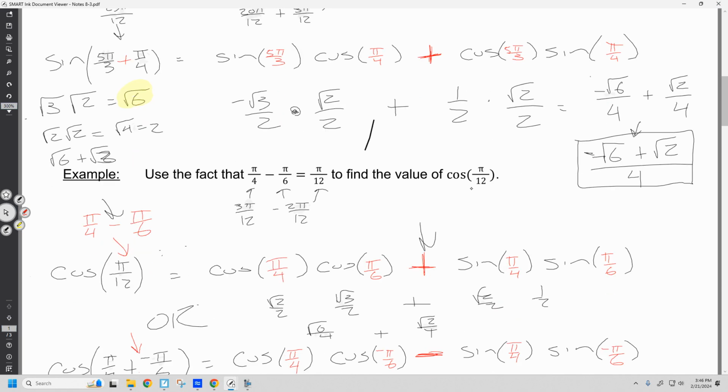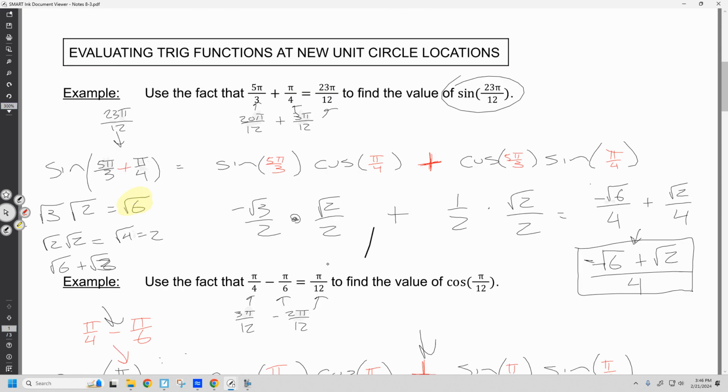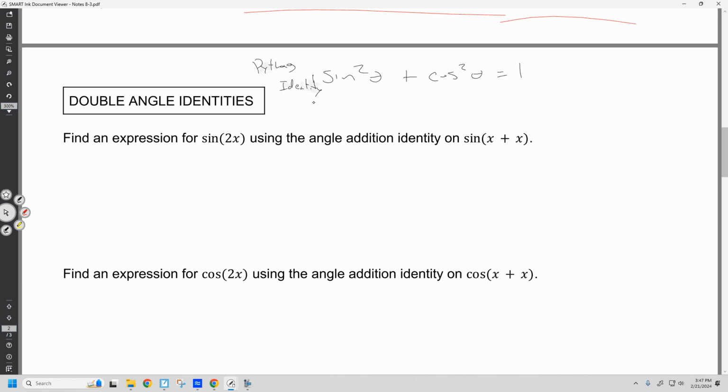If you know the sum and difference identities, you should be able to know the double angle identity. These are the last identities that we need to learn, but again, it's not like you memorize them. If you know what sine of x plus x equals, you'll know what sine of 2x equals.